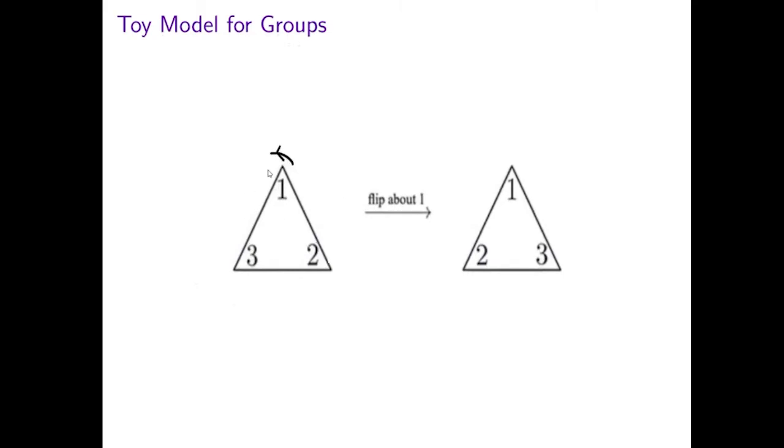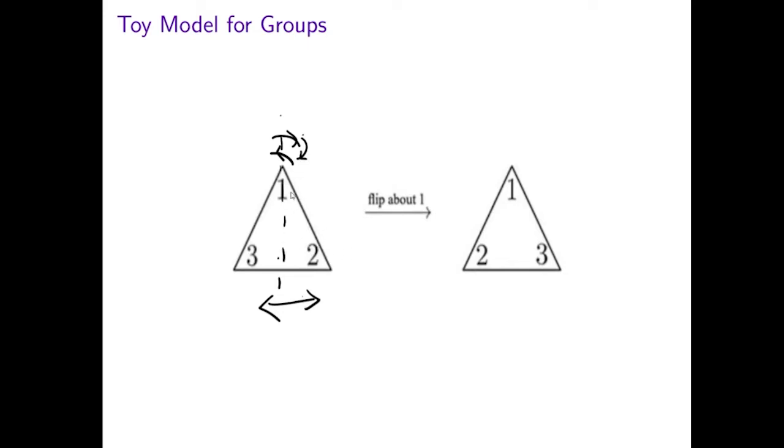I can rotate it, and you might argue that I can rotate it clockwise and anti-clockwise, but you might as well construct this operation from the rotation itself. And a flip about one means that if I imagine a line going through one, and imagine this to be a mirror, I swap between the other two. So this is what I mean by flip about one.